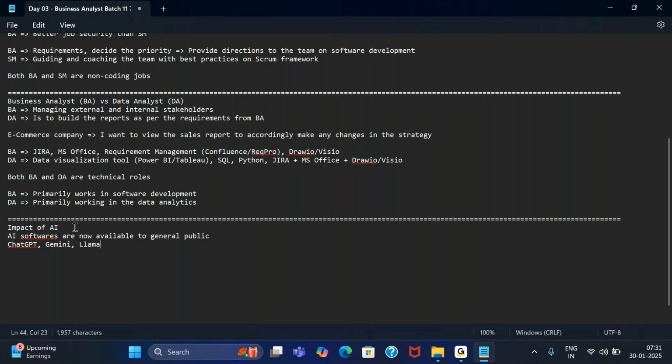And recently we heard about one of the new entrants, DeepSeek, by a Chinese company as well. These are just some of the names for us to get started. These are not the only available AI softwares in front of us.